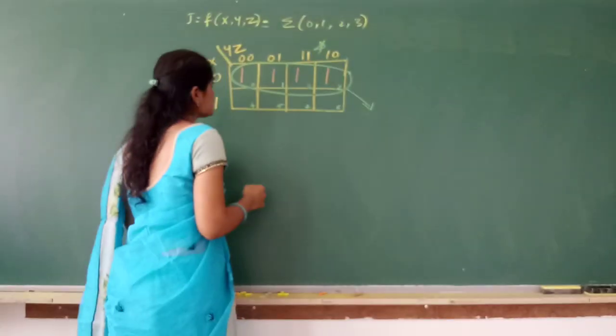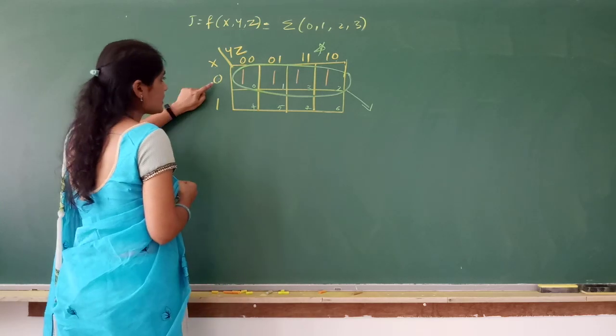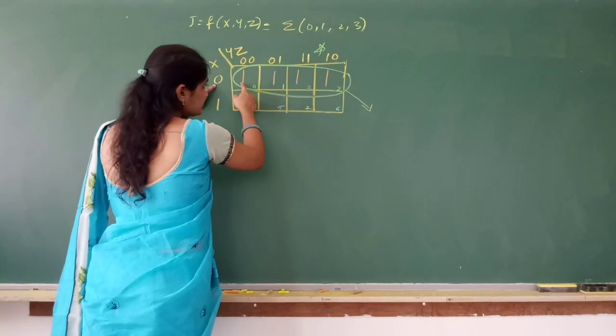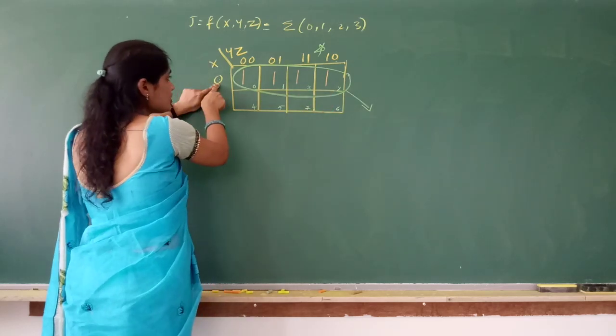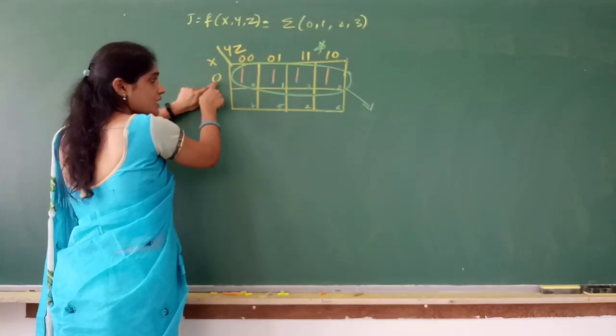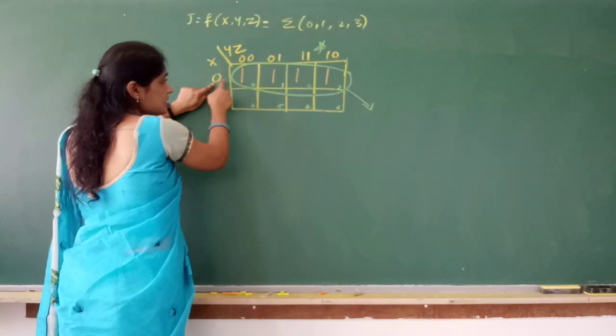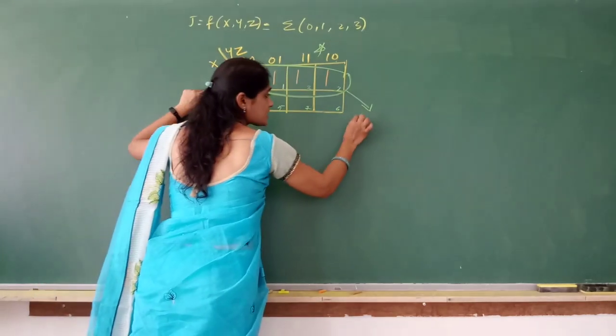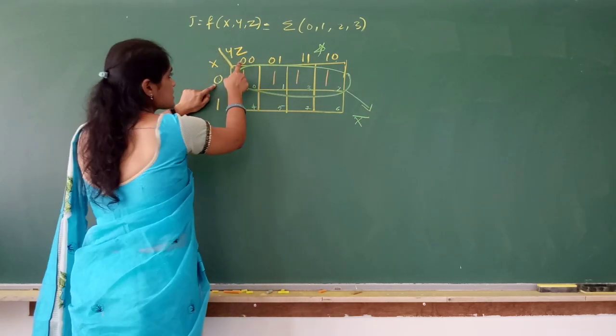And what is the equation you get? How will you write the equation? Look at the 4 cells we have grouped. For all the 4 cells, what is the value of x? X is 0, so x will not get cancelled. If x is 0, I write x bar. Next, check for y.